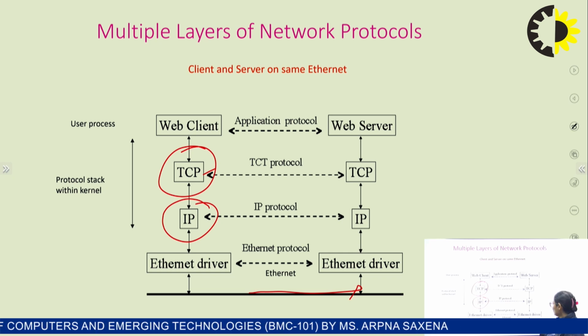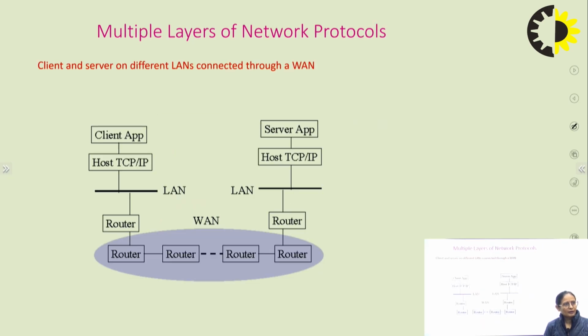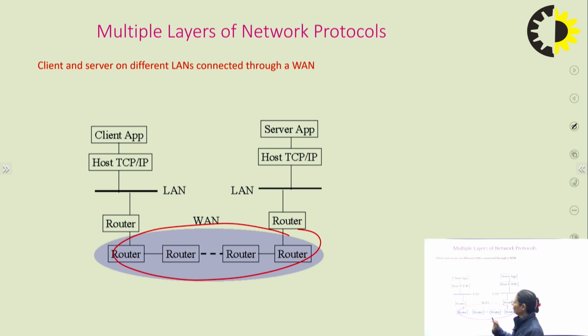So this is received by the Ethernet drivers, then the IP protocol, above that the TCP protocol, and the information is presented to the web server. If we are having multiple layers of the network protocol, for example in routers, then we are having the host system and routers. These routers will transmit the data which will form a WAN, and here maybe we are having a LAN.